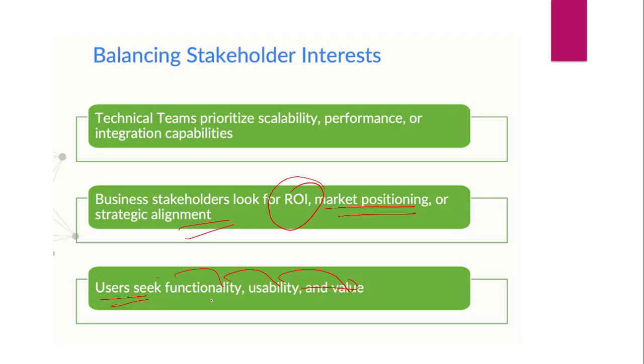So these are the stakeholders' interests. Before converting any idea into technical transformation, which happens to create the product, and before launching any kind of product into the market, you have to balance all the stakeholder interests in your ideas.